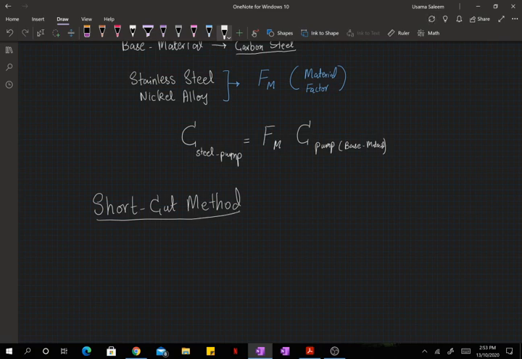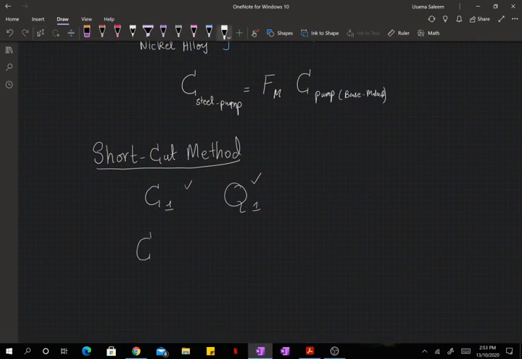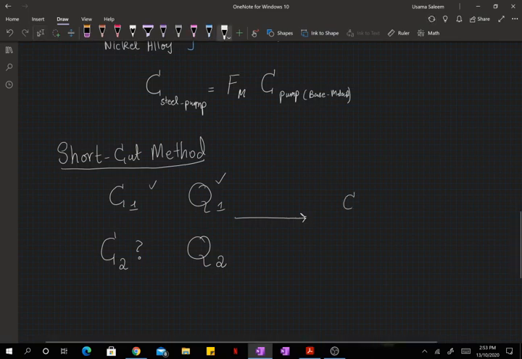Let's say you know the cost of an equipment at a certain capacity, and now you want to estimate the cost at a new capacity. There is actually a relationship that can be used called the economy of scale.